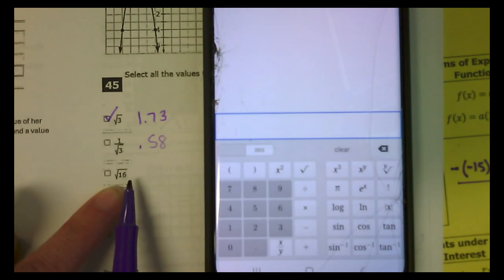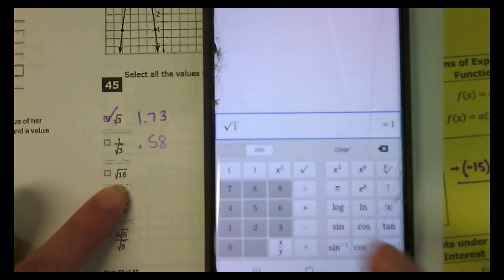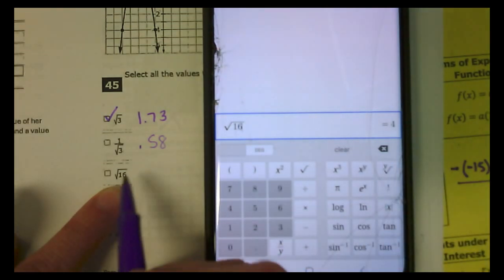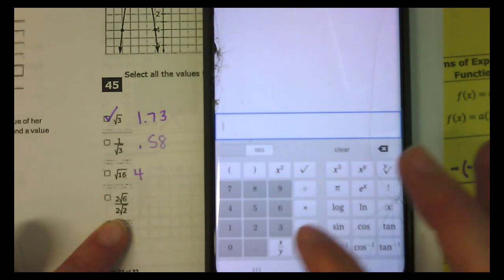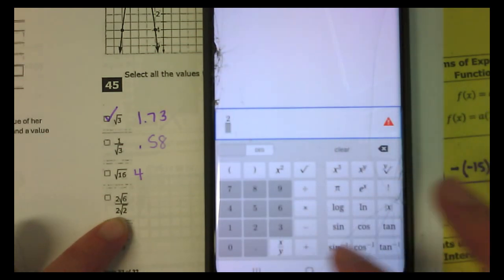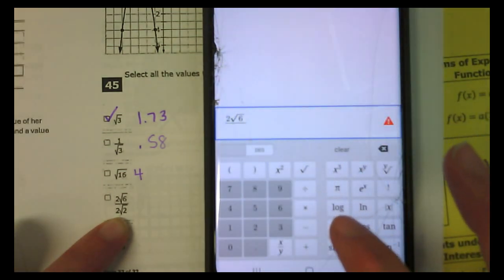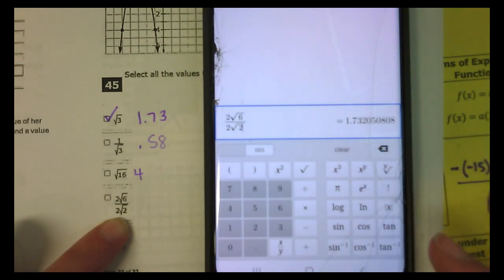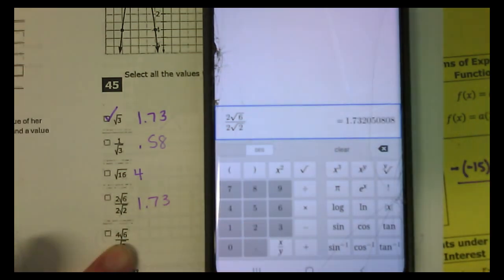I've got the square root of 16 here. I know that answer is 4. So that one's wrong. This one, I've got 2 times the square root of 6 on the top and 2 times the square root of 2 on the bottom, which is 1.73.